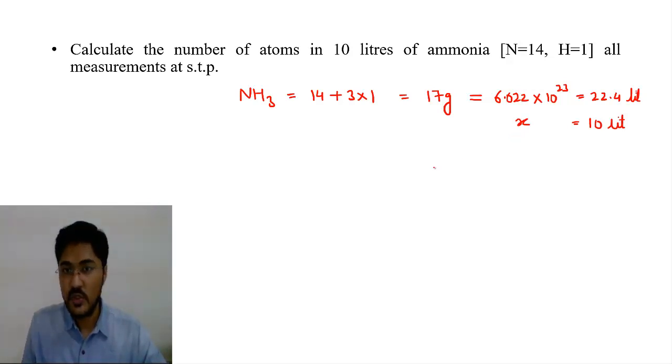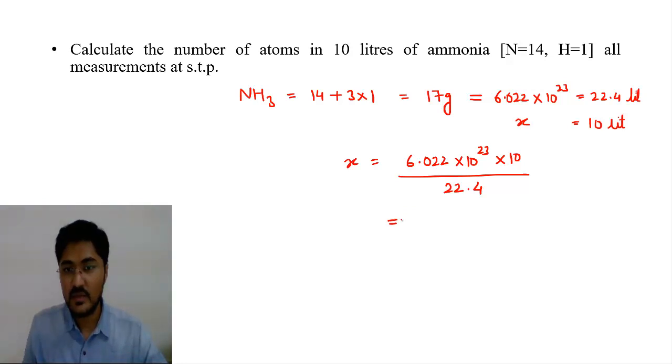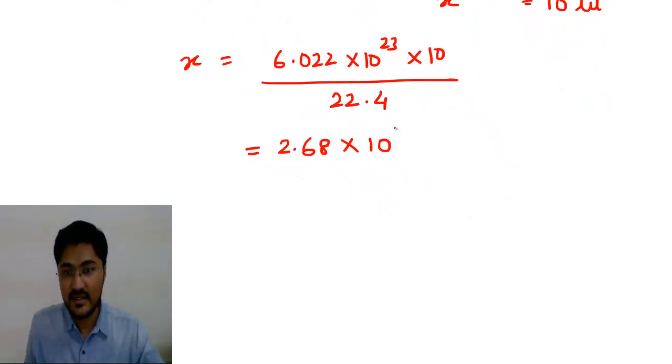So X will be X equals to 6.022 into 10 raised to 23 into 10 divided by 22.4. This will come down to 2.68 into 10 raised to 23 molecules. But here the question is not about the molecules but about the atoms.